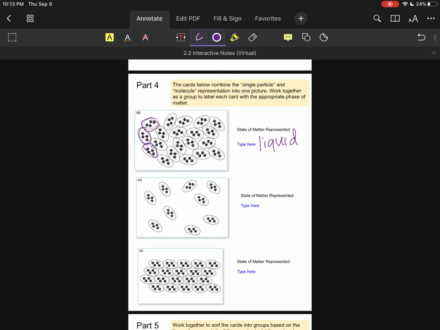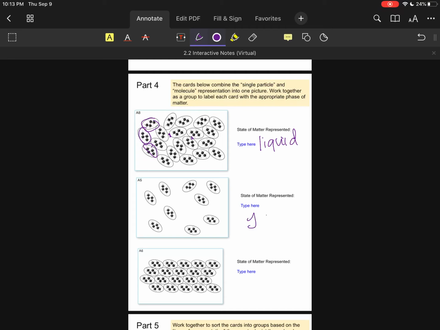My molecules are close together, but they don't have any type of uniform shape or structure. You can see there are some spaces here and there between some of them, but some of them are a little bit closer. So they don't have a regular pattern like we would see in a solid.